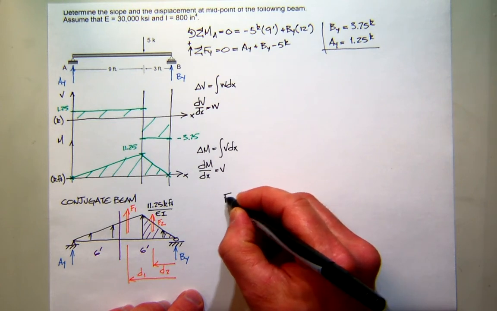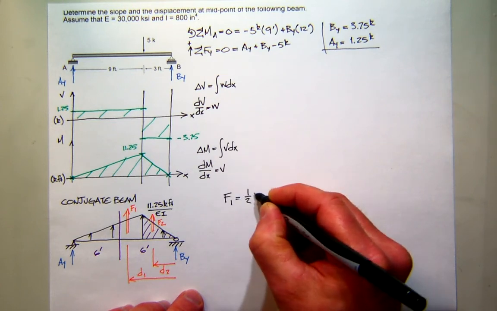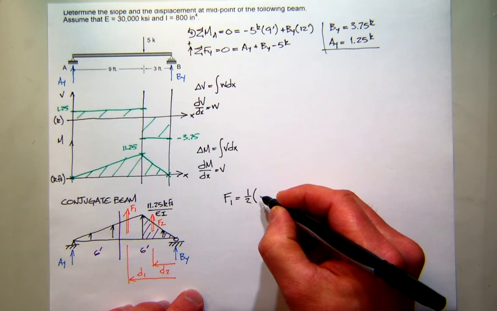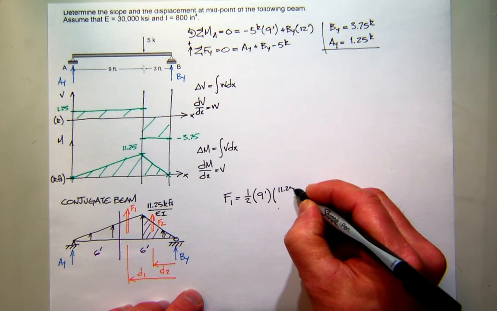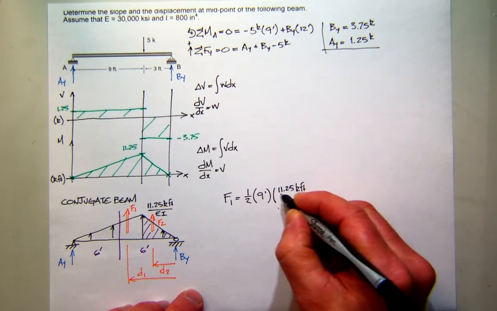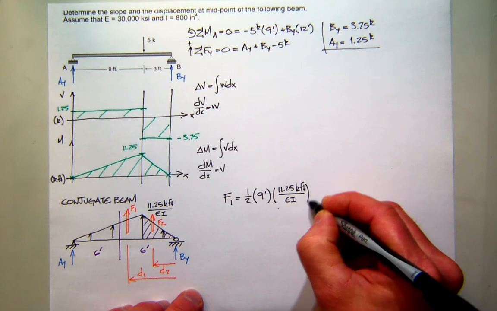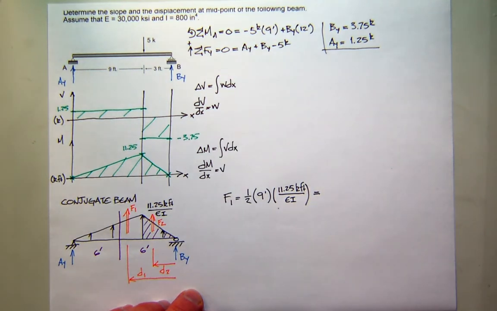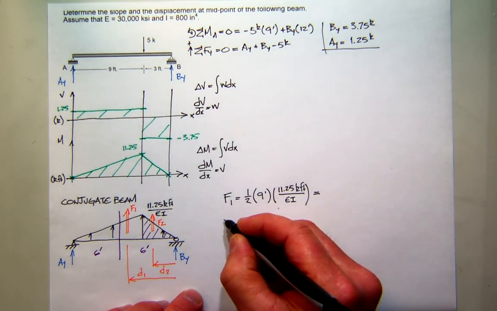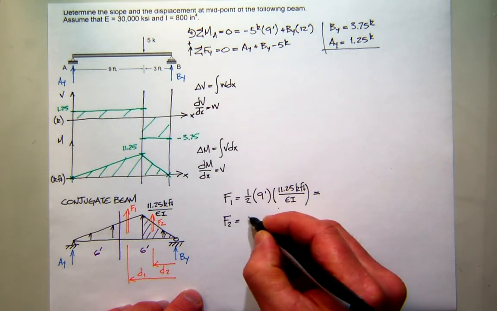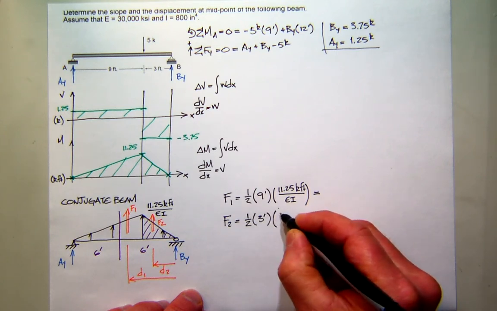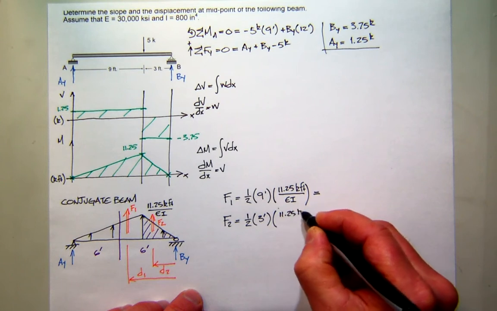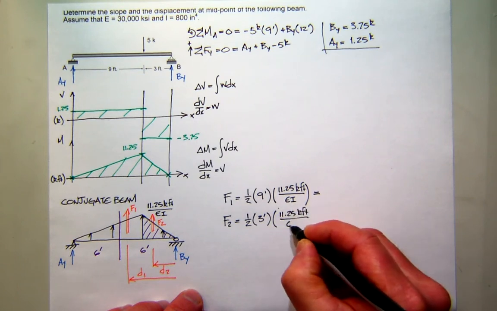So let's start with F1. What's F1 going to be? It's going to be 1/2 base, which is 9 feet, times the height, which is 11.25 kip feet, divided by EI. What's that going to be? Somebody calculate that for me. And then F2 is going to be 1/2 base, which is 3 feet, times the height, which is 11.25 kip feet, over EI.